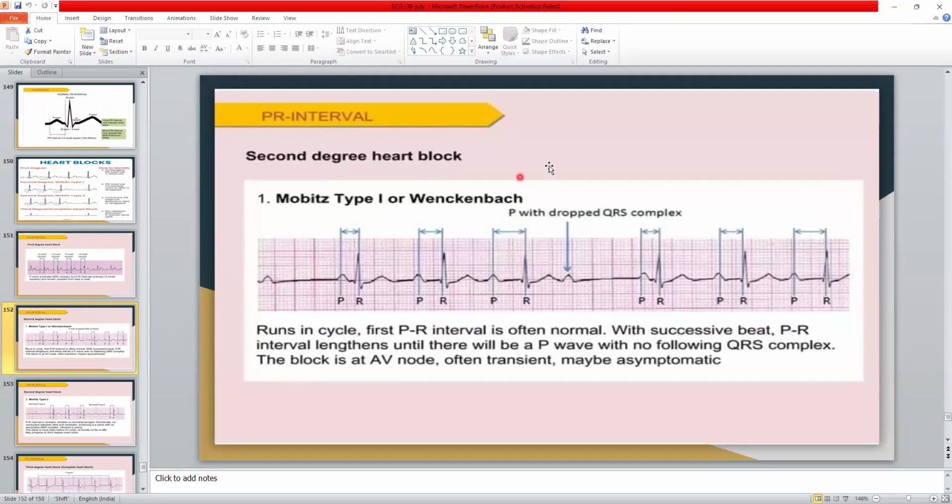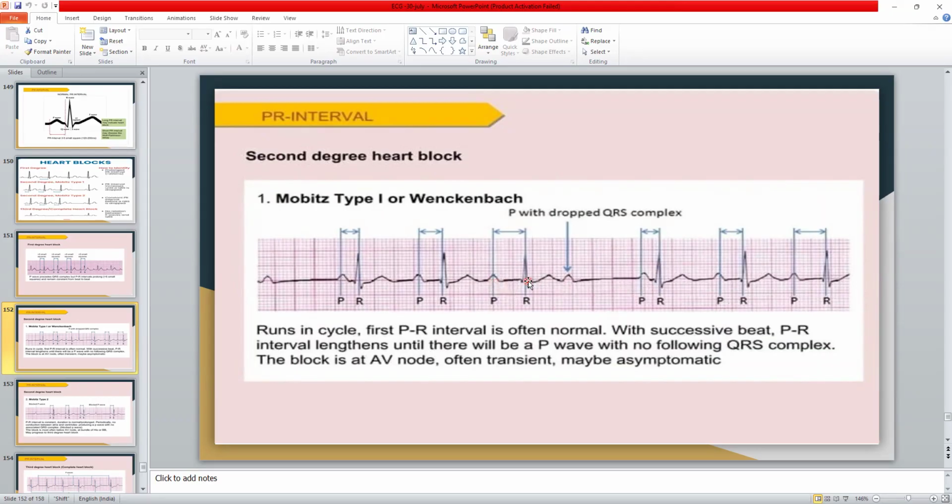In second degree heart block, as we all know, there are two types: Mobitz type 1, or Wenckebach's, and Mobitz type 2. In Mobitz type 1, the PR interval changes its duration.